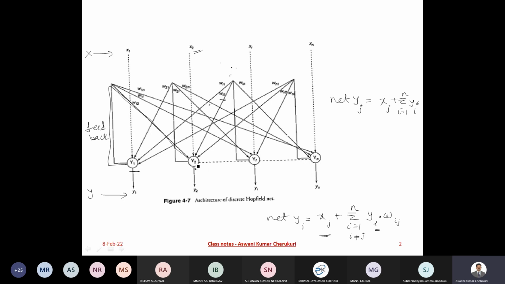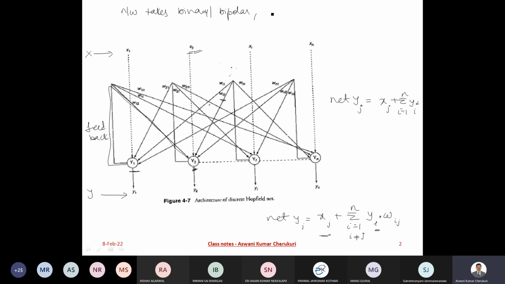So each node is getting the input not only from the X layer, but remember it is also getting the input from the Y layer. I hope you guys now are able to follow. So this is how your net input to the node is getting calculated, and the network takes either binary or bipolar.